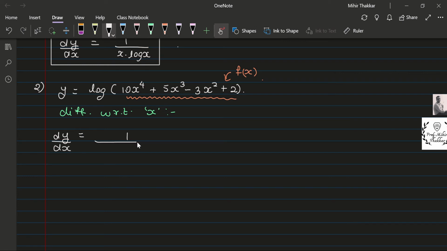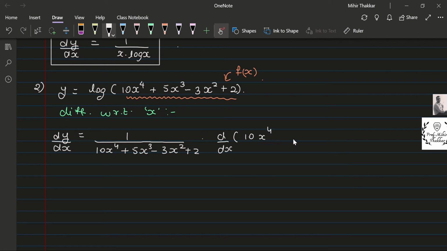So I get 1 upon the entire term inside the bracket, as it is, 10x raised to 4 plus 5x raised to 3 minus 3x square plus 2, multiplied by the derivative of the fx element.